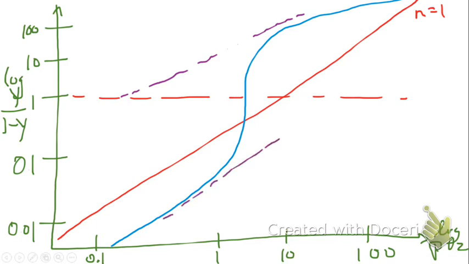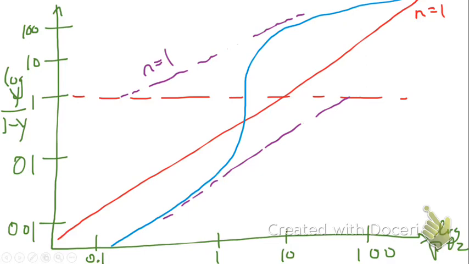Asymptotes are lines that approach a curve, but they don't actually touch it. We can draw these asymptotes, as I did in purple, and they tell us things. The slope of the asymptotes is n equals 1, so it looks like non-cooperative binding.